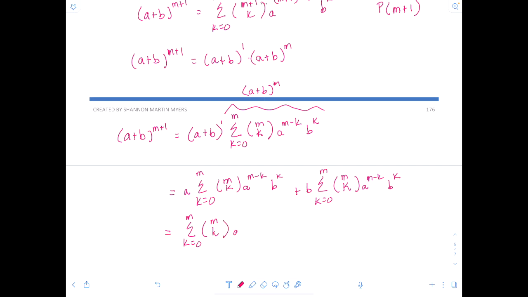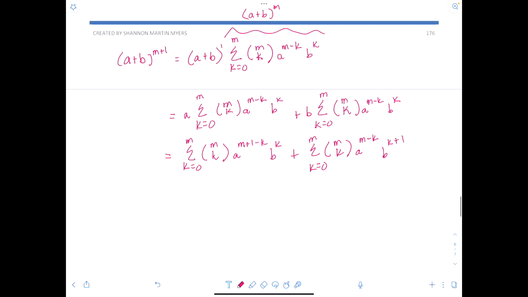A is now going to be to the m plus 1 minus k because of that a to the 1 factor, and we'll still have b to the k. And the second one will be, as k goes from 0 to m, m choose k, a to the m minus k, and now b will go to the k plus 1. Cool so far? All right.